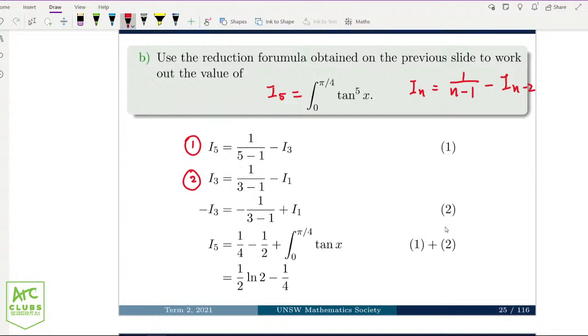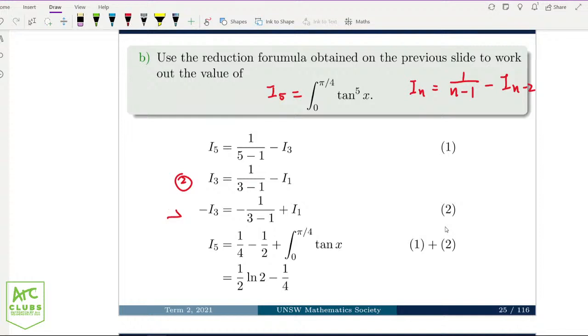Now, you don't actually have to evaluate I1, then I3, and then substitute that into I3 to evaluate I5. A technique you can use is to rewrite the second expression in this form, essentially multiplying both sides by -1.